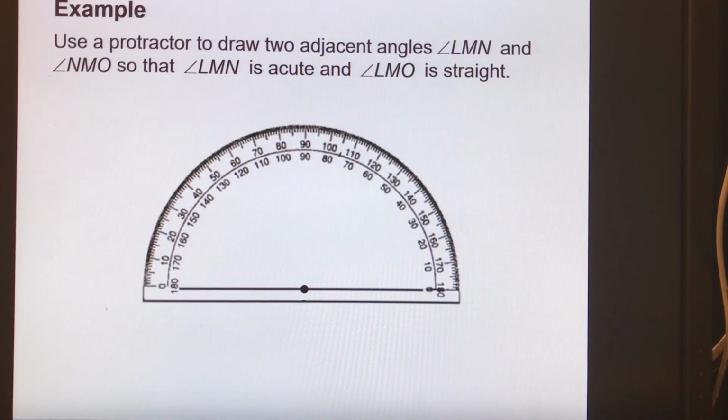Okay, so we want to use a protractor to draw 2 adjacent angles, angle LMN and angle NMO, so that angle LMN is acute and angle LMO is straight.